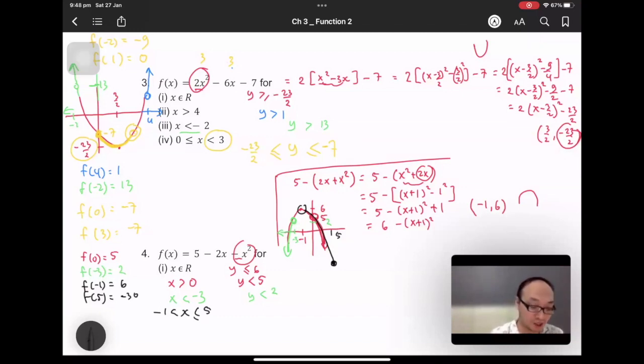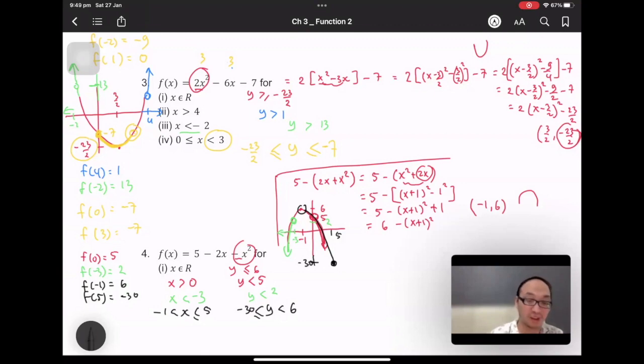So we can just take the value at the border. y should be, the lowest is -30 here. So it's -30 and inclusive. And the highest will be 6, exclusive.